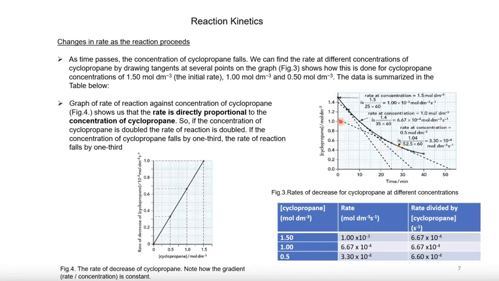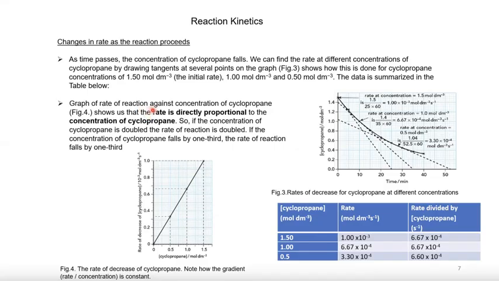That is the concentration we are taking into consideration, and we take this data here, and then we can find the rate of decrease in the reactant. Here we have to note that the gradient, that is the rate in concentration, is constant. So that's what it is.